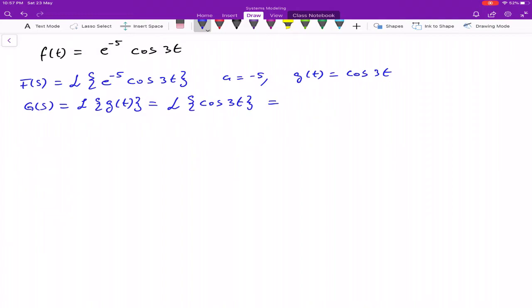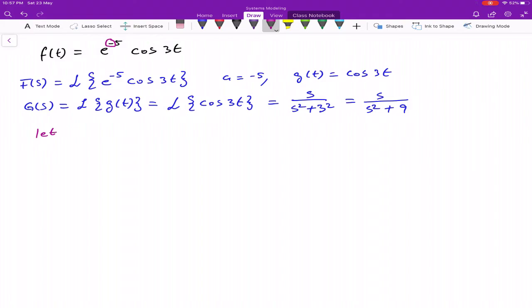So we're just going to write s over s squared plus 3 squared, which is s over s squared plus 9. Now we are going to apply our shifting property.